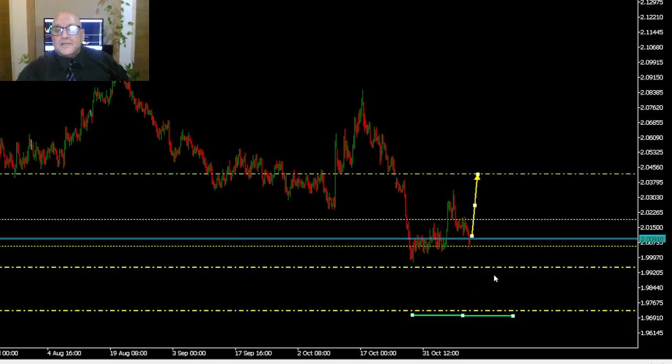Okay, so close that hedge. And then hopefully it'll hit there and bounce off and come back up to here somewhere. And then I'll probably be able to close these two buys at break even somewhere, and then just take the profit from that hedge and just get out of this trade.